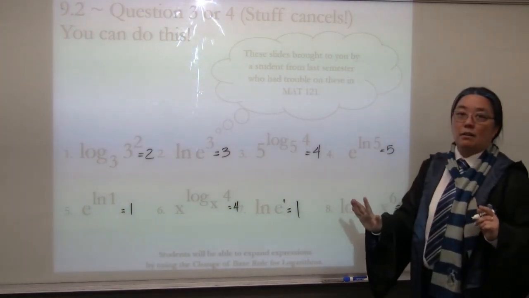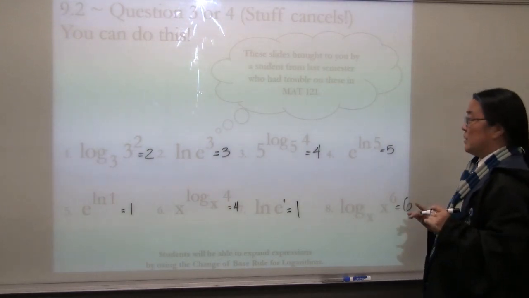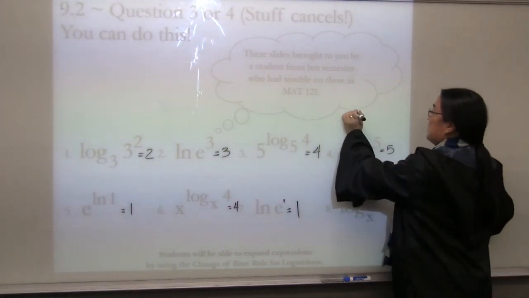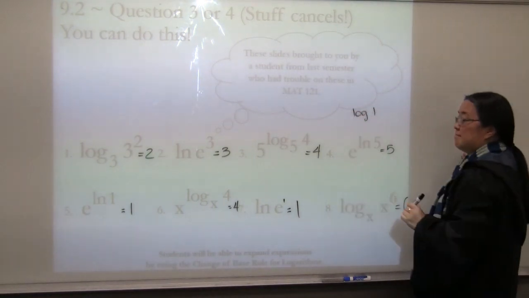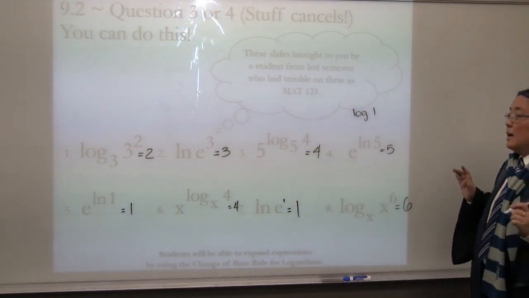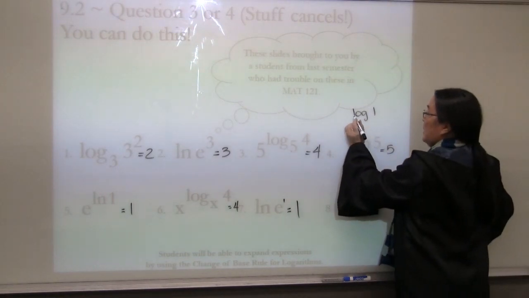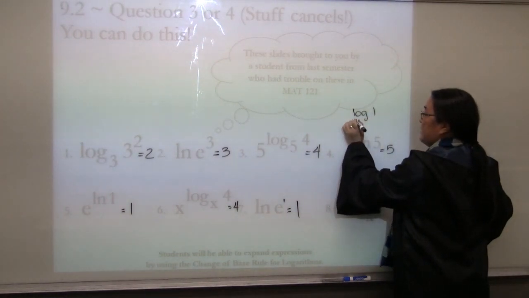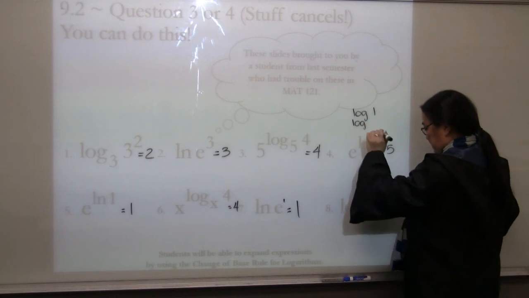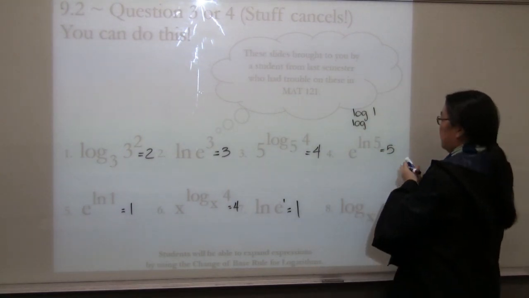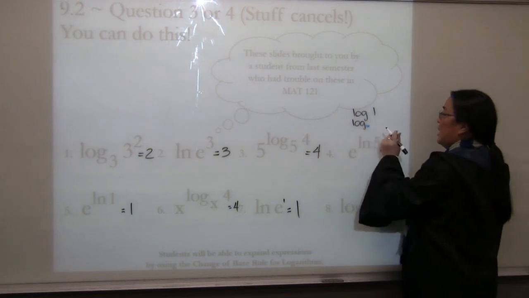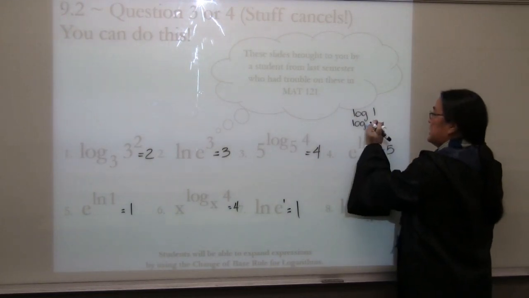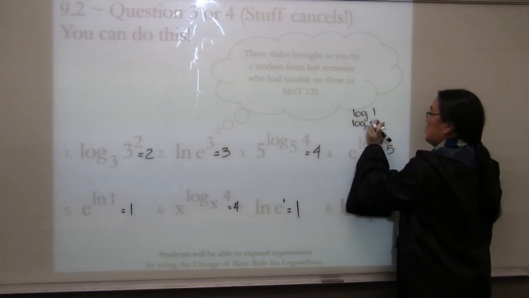Now, something that's not on here that is going to be on your college algebra is going to be saying like log 1. A log, when it doesn't have a base given, actually has an invisible base of 10, which we do not write in. And then 1 is 10 raised to the what power?